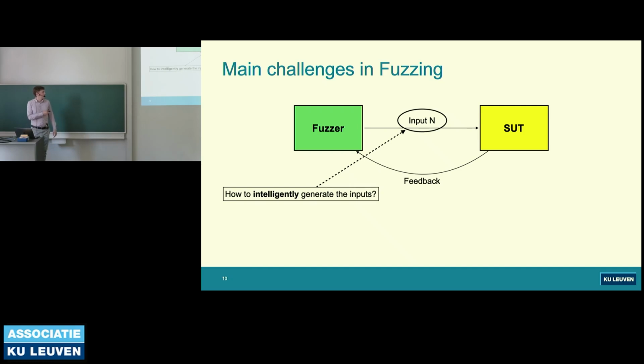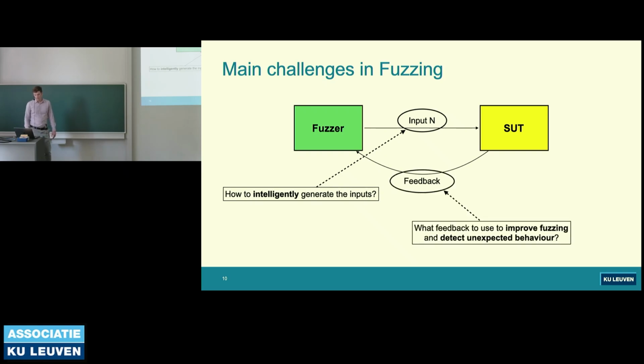So it's very important how the fuzzer generates these inputs and what kind of techniques it uses to do that. The second challenge is what feedback we can use from the system under test, first to improve the input generation process, and secondly to reliably detect unexpected behavior of the system under test. So this is the big picture of fuzzing and its main challenges.